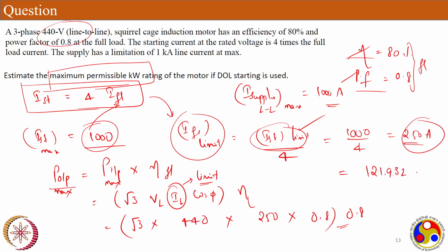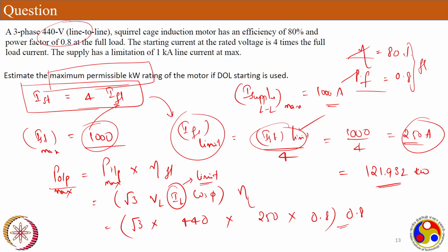Good. So if you are going for a DOL starting method, your maximum permissible motor rating could only be 121 kilowatts. That's the maximum limit you can go, because you can't go beyond it. Your motor can't give more than that. Even if you go for bigger motors, you are not capable of utilizing that completely, because your full load current is limited to 250 only.